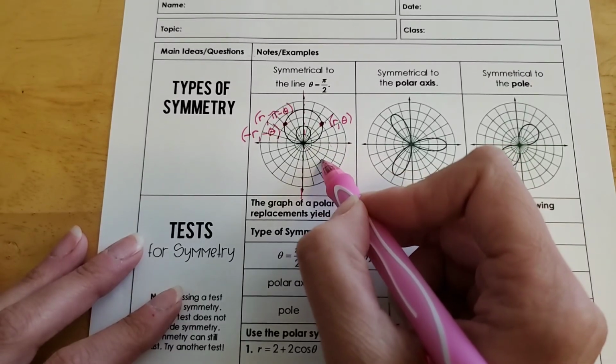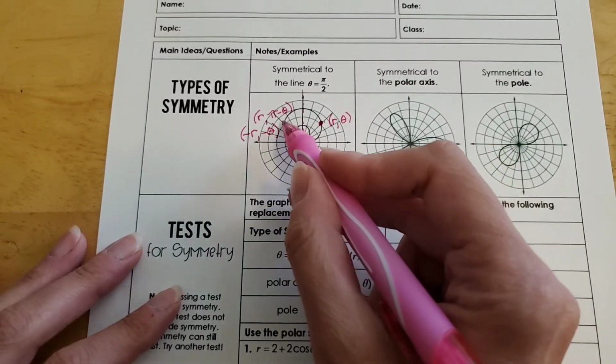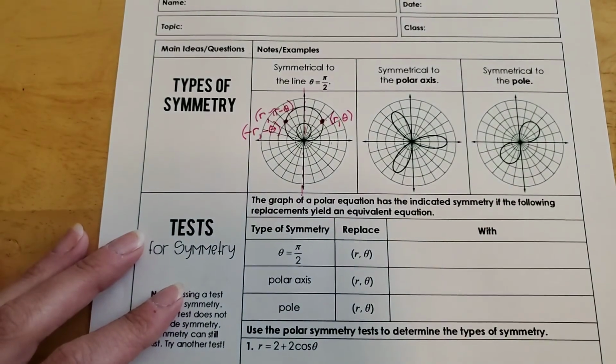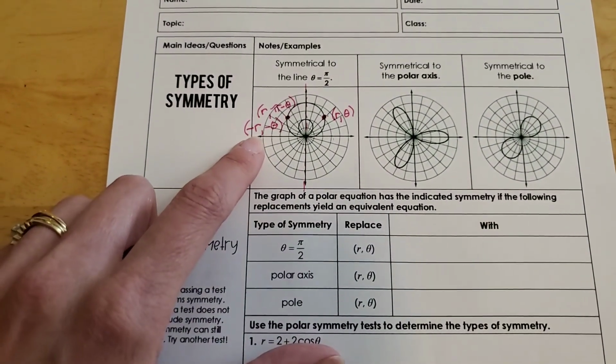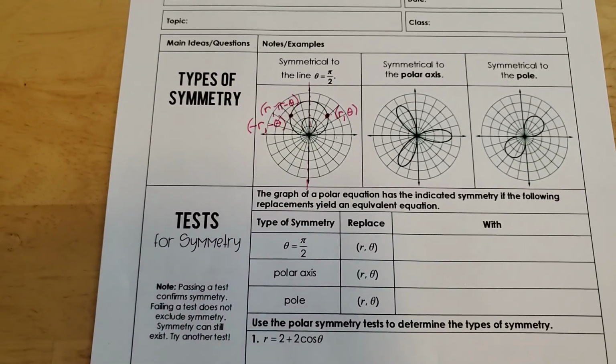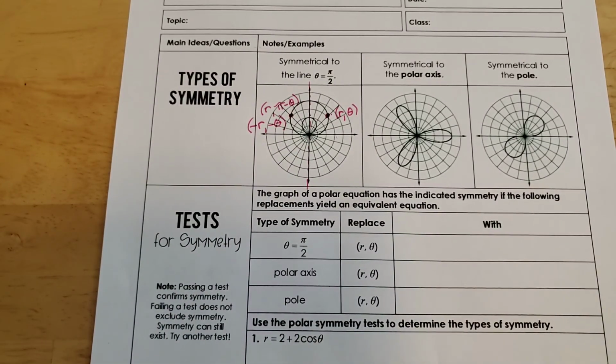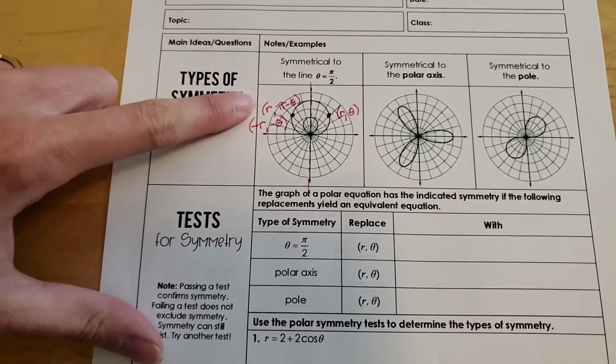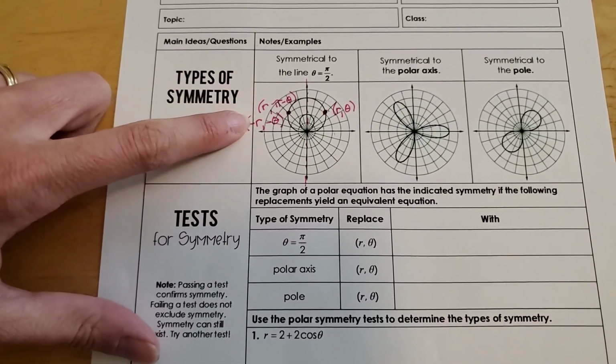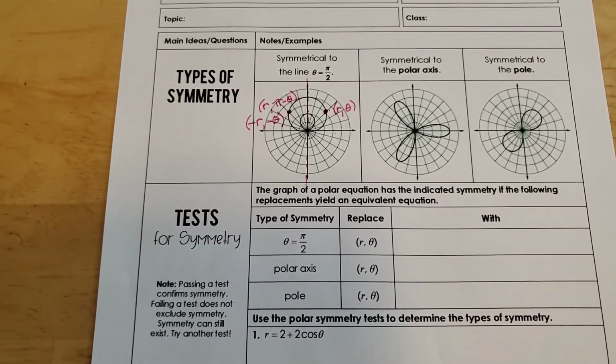If I go down theta, and then the r value going negative, it would send it across to there. So that's two different ways to identify that point. And that actually is going to provide us these 2 points with our symmetry test.